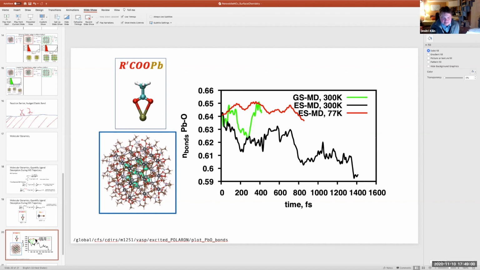So your idea is that if we are 50% of the time in the ground state and only 50% of the time in the excited, then the reaction will be 50% less active, with fewer chances to go for the reaction.